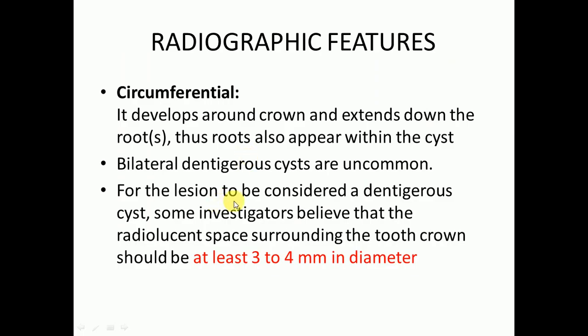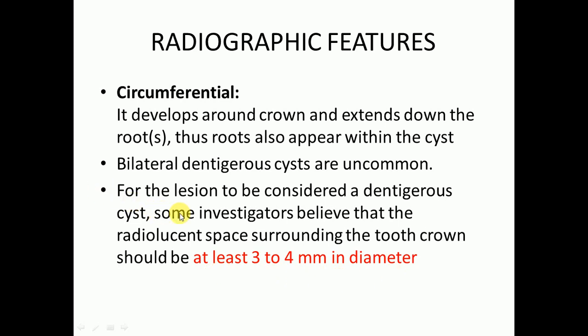If you talk about dentigerous cysts, they are most commonly unilateral, and bilateral dentigerous cysts are uncommon. For the lesion to be considered a dentigerous cyst, some investigators believe that the radiolucent space surrounding the tooth crown should be at least 3 to 4 millimeter in diameter. This point is very important.